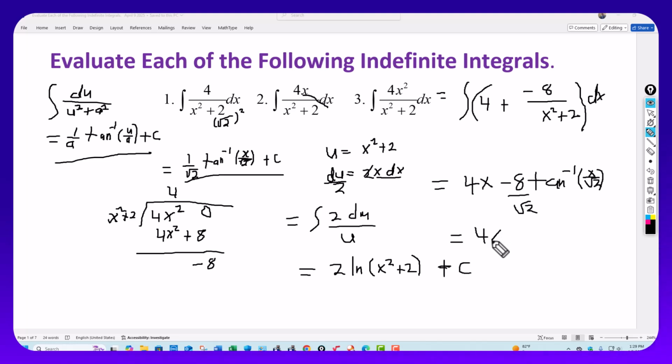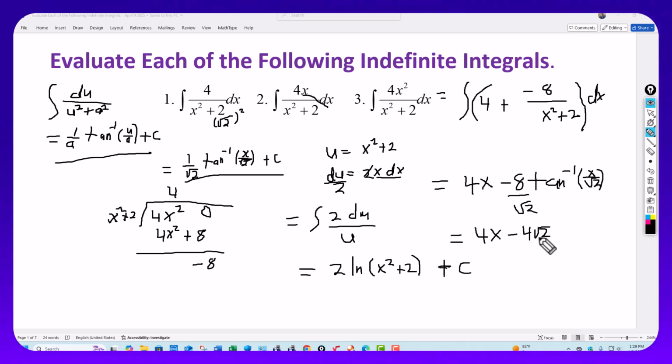4x. Then rationalize here, multiply by radical 2. 2 will divide the minus 8, this will be minus 4 times the square root of 2. Just multiply numerator and denominator by the square root of 2.